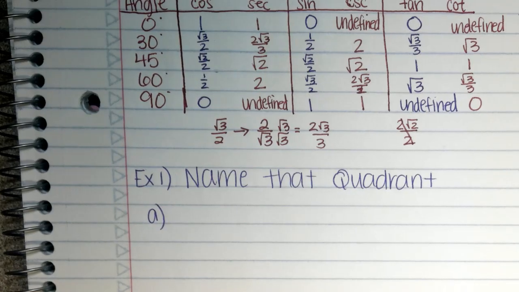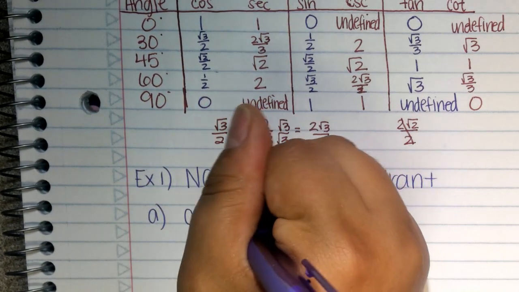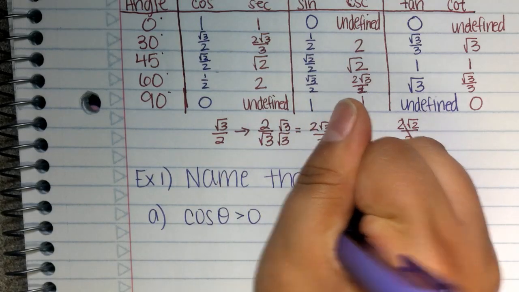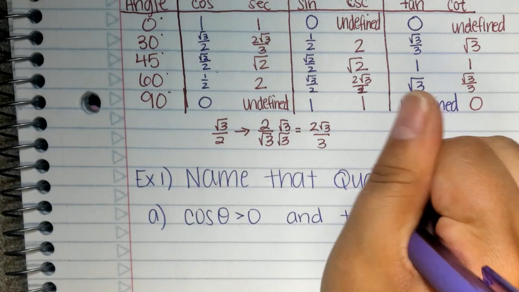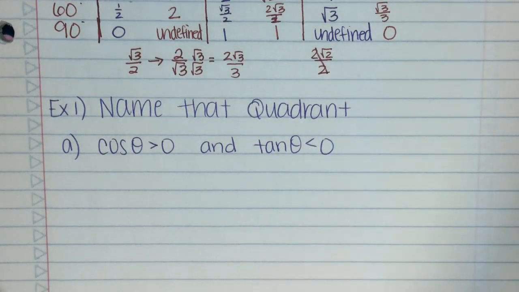Shush your neighbor. And write this down, please. What quadrant is cosine greater than 0 and tangent less than 0? Name that quadrant.